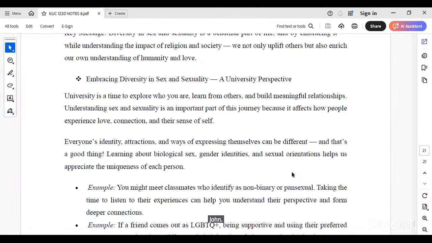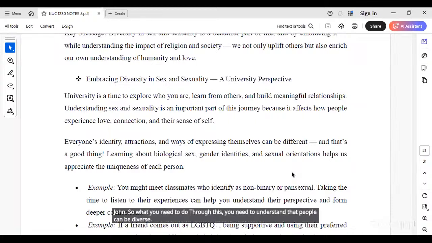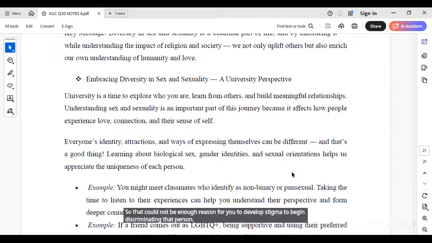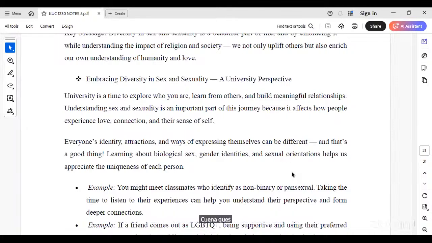So what you need to do through this, you need to understand that people can be diverse. So that could not be enough reason for you to develop stigma, to begin discriminating that person. Kuenda kesho kwa hostel officer useme unataka kuhama, you want a different roommate, you know. So we need just to be accommodative.